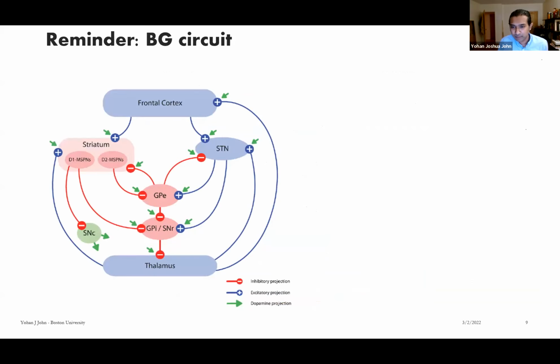So just to remind everybody what the basal ganglia circuit looks like, I always find some lack of clarity in diagrams about whether the GP projects back to the STN and whether the GP projects back to the striatum. I'm not clear on this, and I haven't looked in a while. I see both kinds present a lot, but yeah.